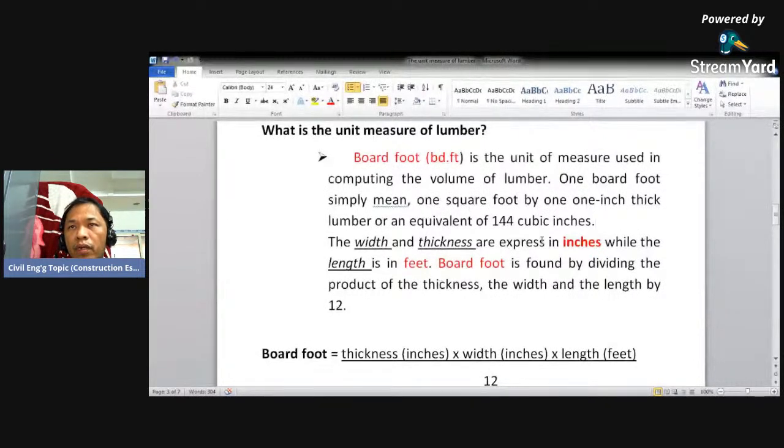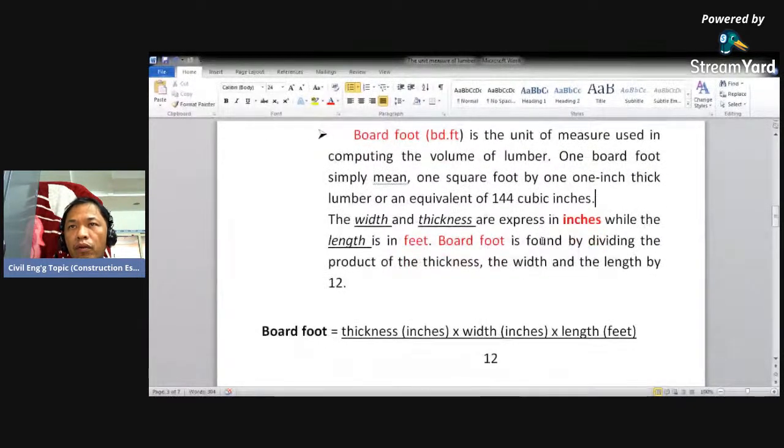So yung units of the width and the thickness should be in inches in computing board foot, and the length should be in feet. So board foot, how will you calculate board foot? Board foot is found by dividing the product of the thickness, the width, and the length.